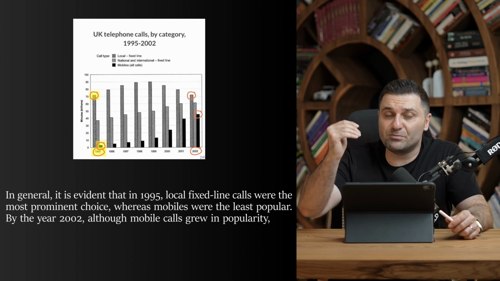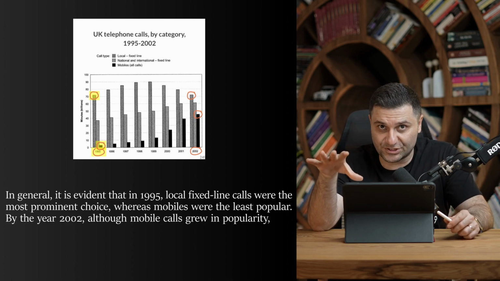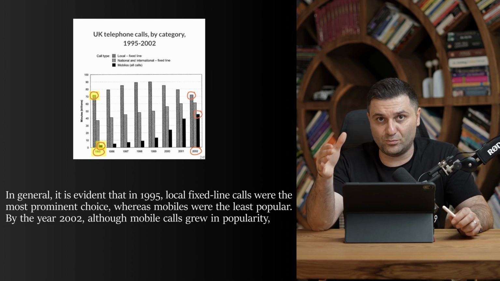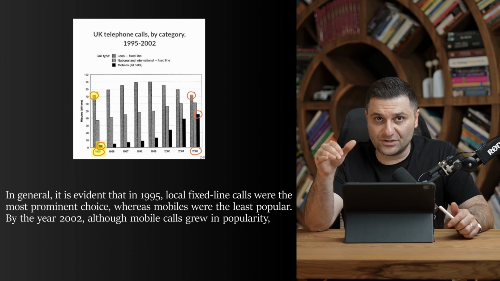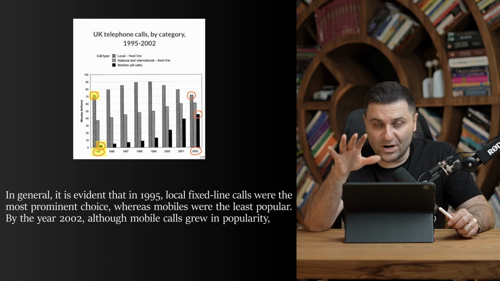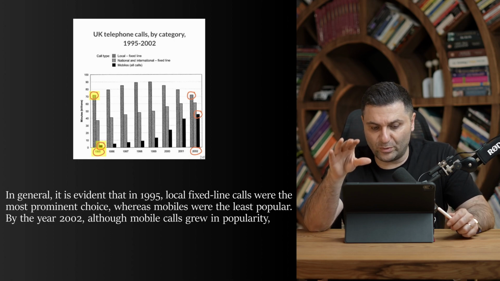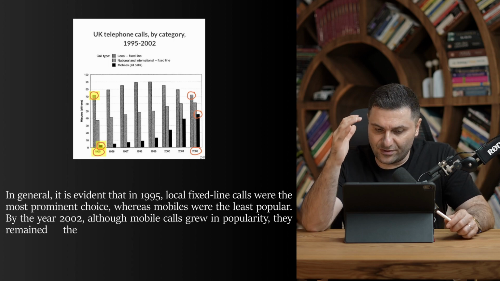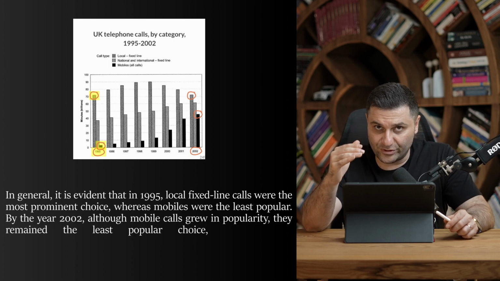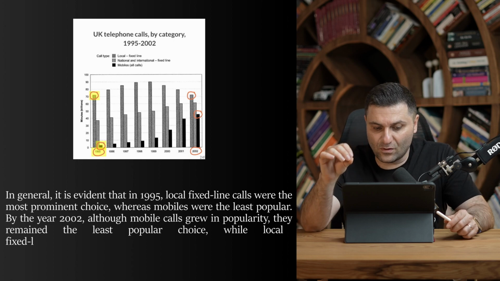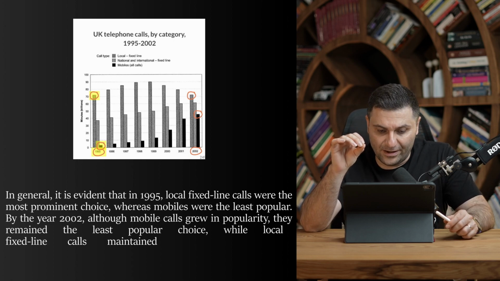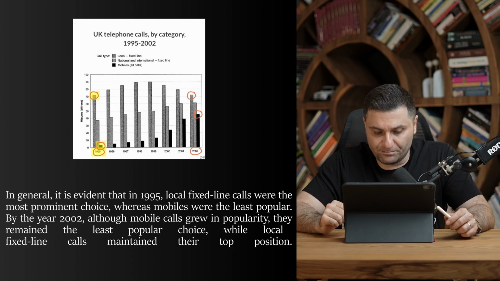So it grew in popularity, and it is something very important that happened during this time period. So by the year 2002, although mobile calls grew in popularity, they remained the least popular choice, while local fixed line calls maintained their top position.